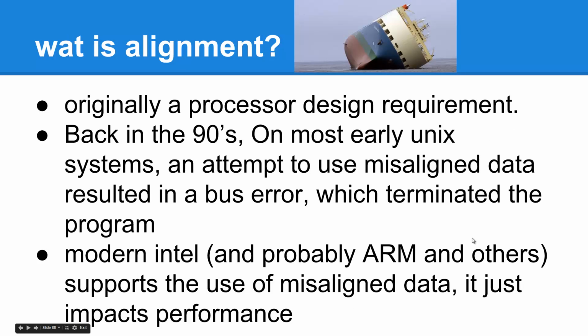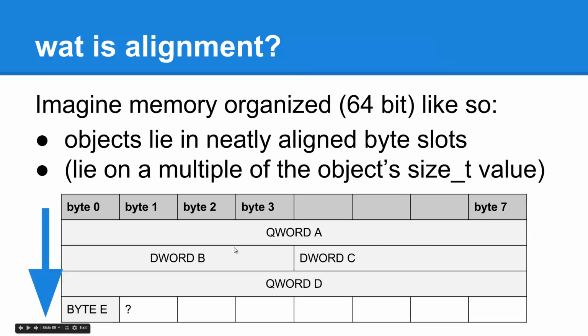So memory alignment was a processor requirement back in the 90s in most Unix systems, and it effectively means that all the instructions and data have to start on aligned addresses. If you model everything in memory for a 32-bit system, you have byte 0, 1, 2, 3 through 7. Everything should be aligned on the 0th byte for, say, a 32-bit integer. And for shorts, they should be aligned on the 0th or 4th byte.